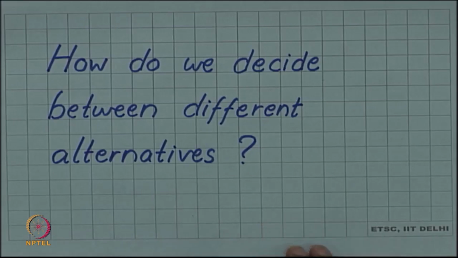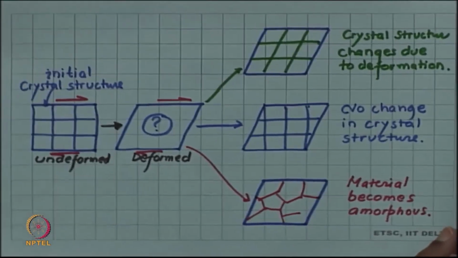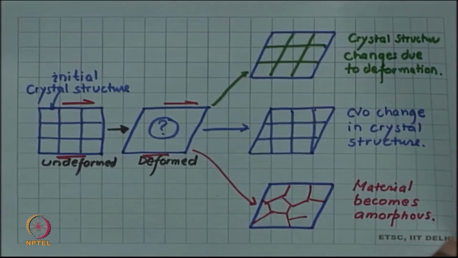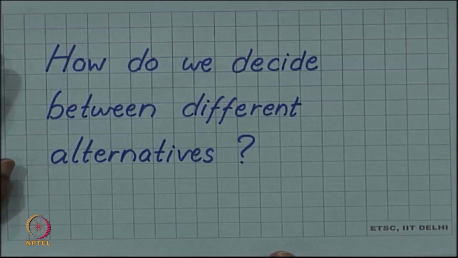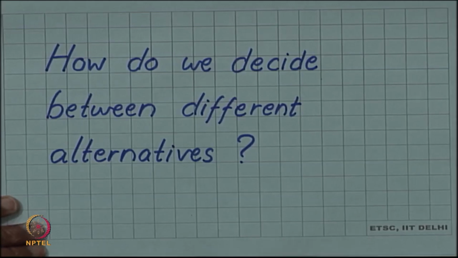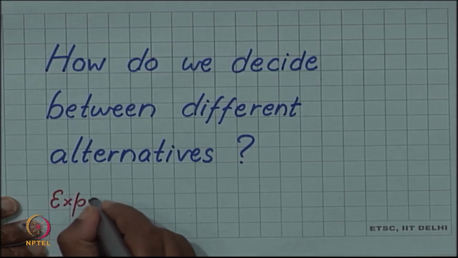Aristotelian thinking would have been to decide by pure thinking which of these three alternatives appears to be right or logically consistent with previously known knowledge. But in modern science, we let nature decide the question, and to let nature decide, we do experiments. So, the correct way to decide between the alternatives is experiment.